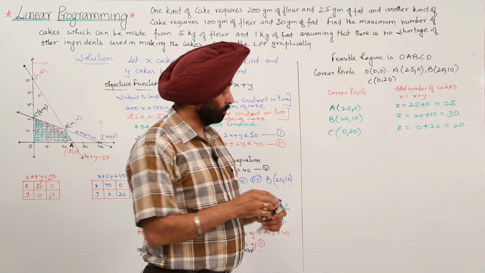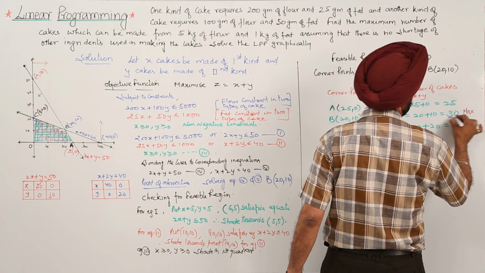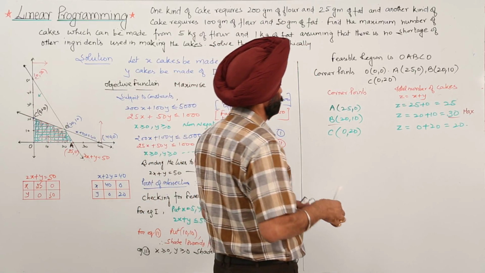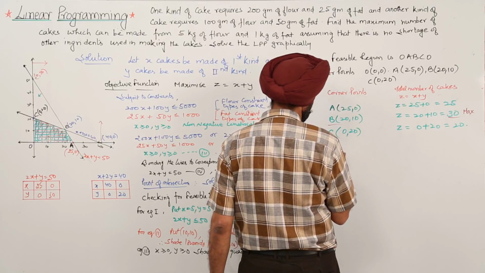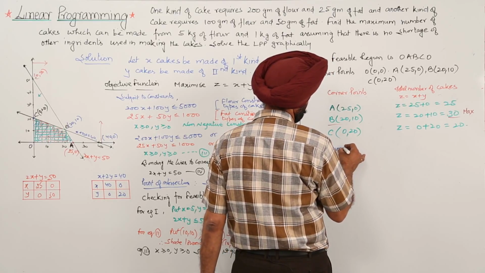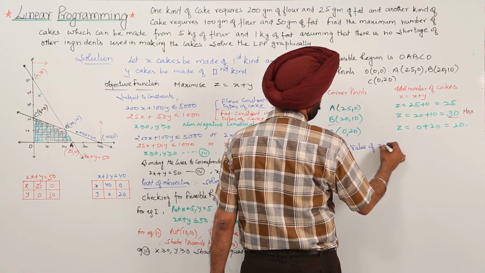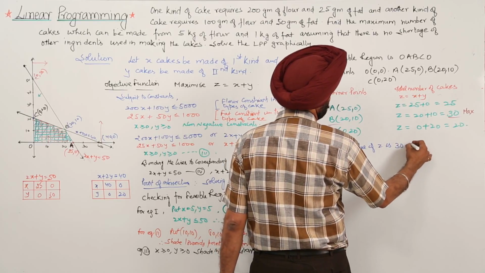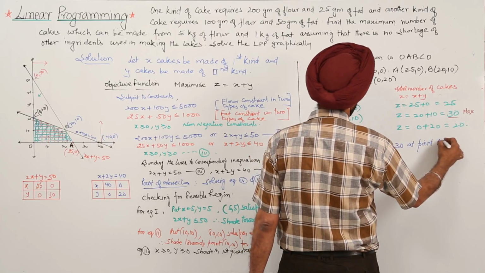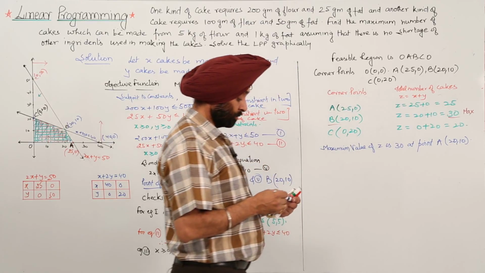So which one is the maximum value? The maximum number of cakes is at B. So the maximum value of z is 30 at point B, 20, 10.